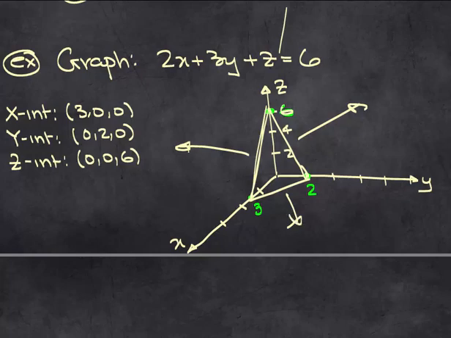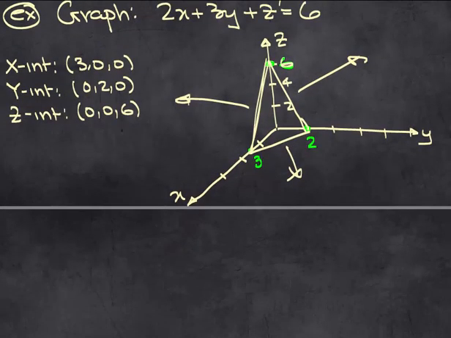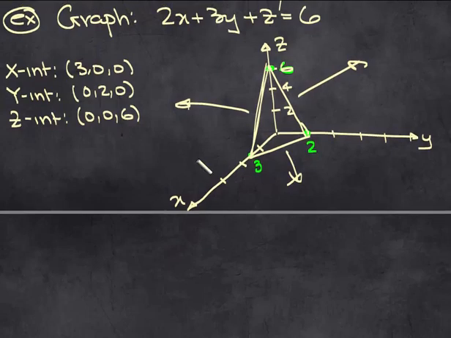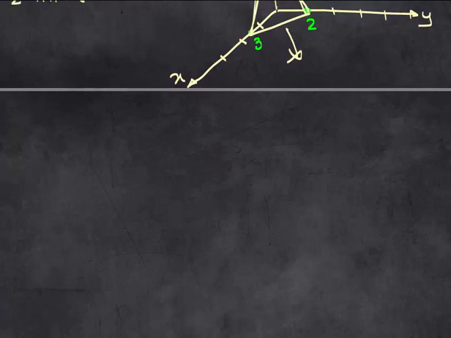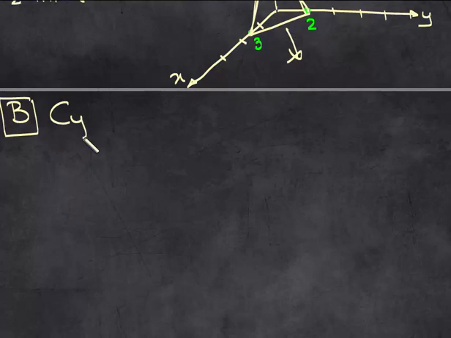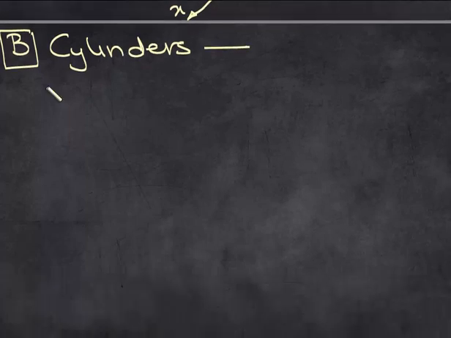Right? But we are more interested today in drawing quadric surfaces. So how do we do that? Well, first of all, we're going to need some terminology, 2 things. So we're going to talk about cylinders. But before we talk about cylinders, let's talk about something called a trace.